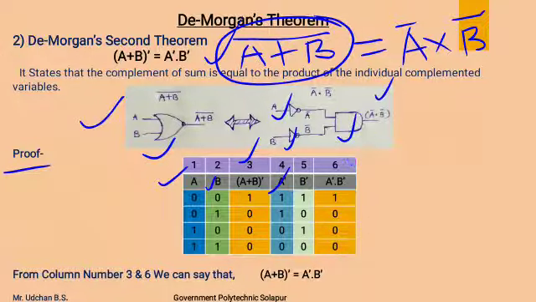Now again, if we observe entries in column number 3 and entries in column number 6, both are same. So from columns 3 and 6 we can say that (A plus B) complement will give you A complement into B complement.